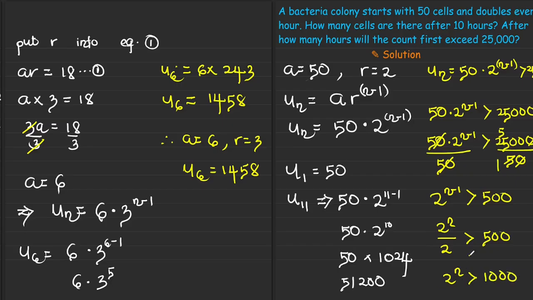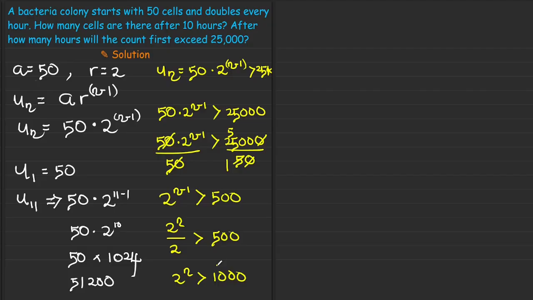So 2 raised to the power what gives us 1,000? You see? With this, we would have to apply a little bit of logarithm. So we take logarithm of both sides to the base of 2.